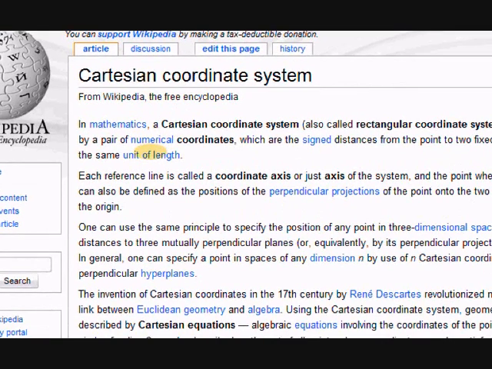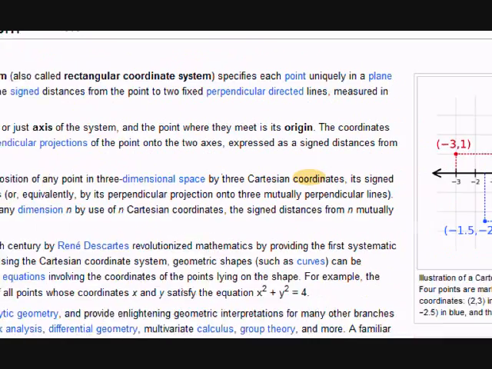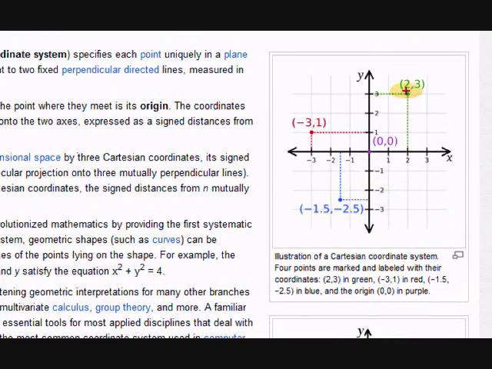We know what Cartesian coordinates are, numerical coordinates like this. When you mention 2, 3, this is a rectangular coordinate, a two-dimensional system. So the point 2, 3 represents the x and y points. Representing points this way is called a Cartesian coordinate.